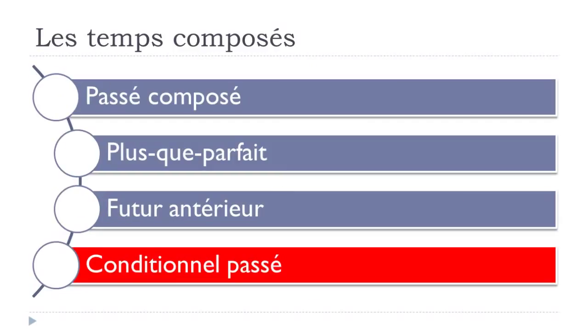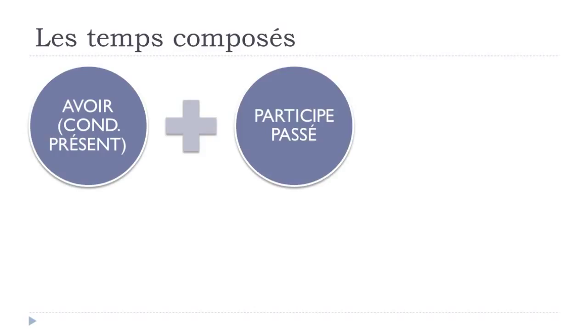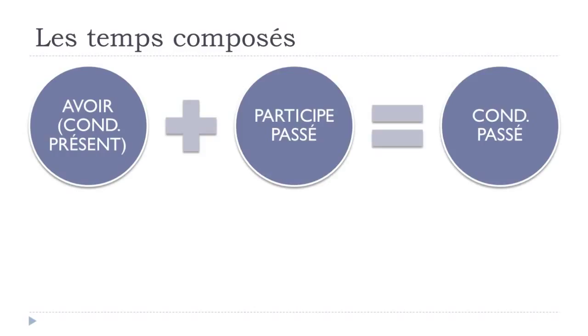And now the last composed tense we saw was le conditionnel passé, and so remember that le conditionnel passé will go like that. So first, as we saw previously, avoir in priority at the conditionnel présent form, then you put your participe passé, and you will get your conditionnel passé.